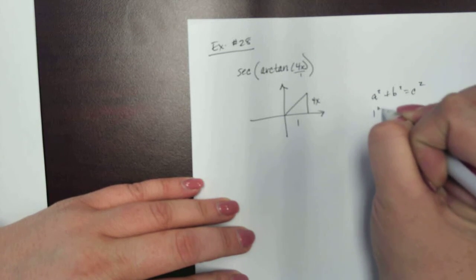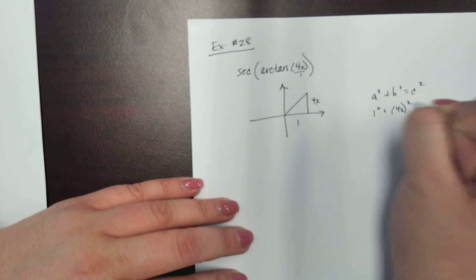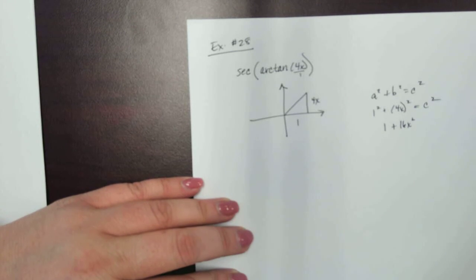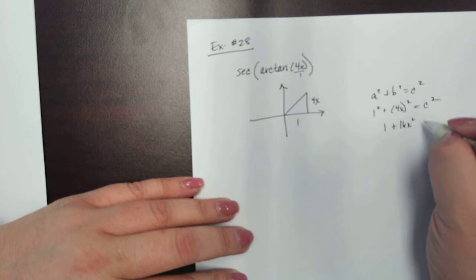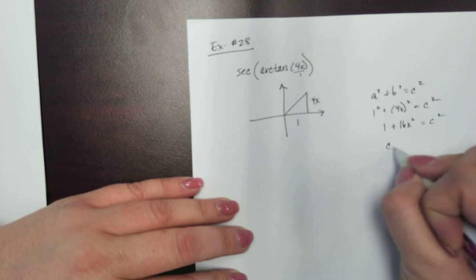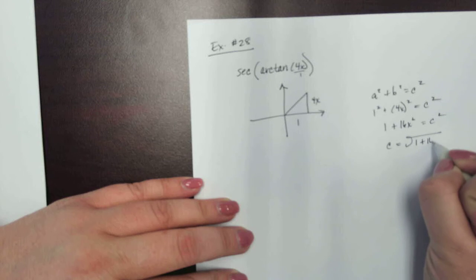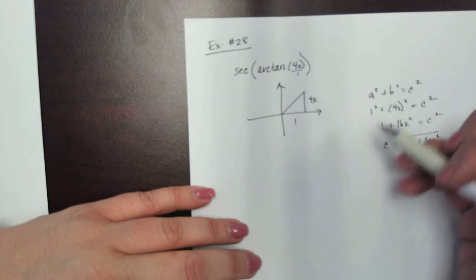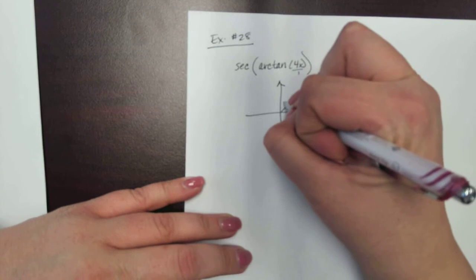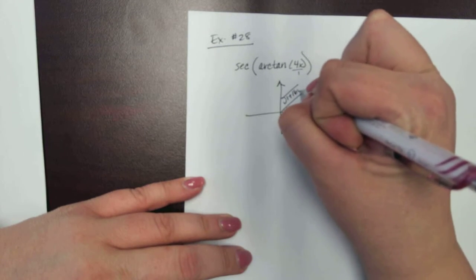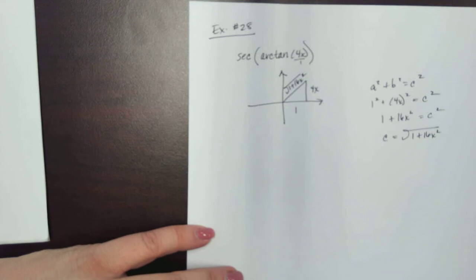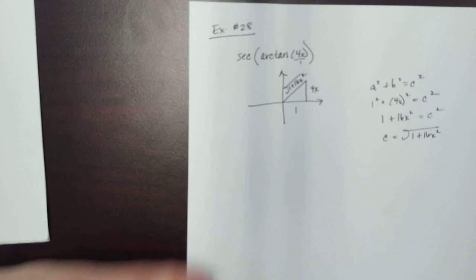Here I have 1 squared plus 4x squared equals c squared. Then I have to square root it to get c, so c equals the square root of 1 plus 16x squared. Can't forget about the 1. So the hypotenuse is the square root of 1 plus 16x squared.